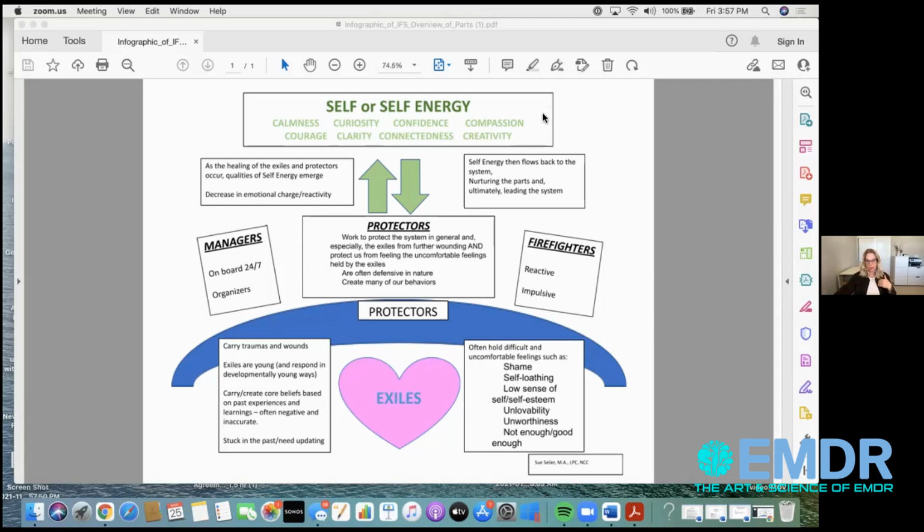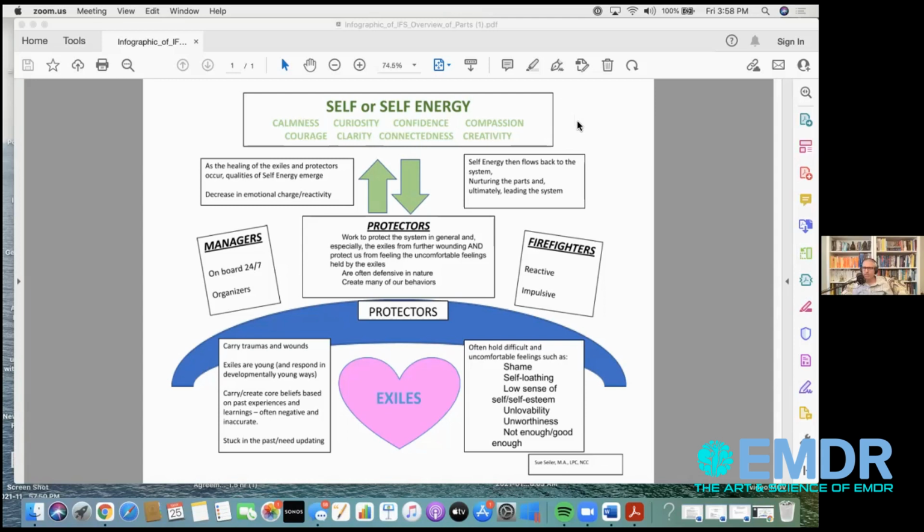And what my internal process is, I ask that part would it give me space so that I can continue to be in relationship with the system of the client and the client, of course, and help the client to be in relationship with their own system. These parts within me, they step off to my left shoulder, and then they give me space, and then they watch. And that is just my own internal process. But that is part of the work, again, noticing what's happening within me as well as what's happening in the client. Karby, do you want to move into talking about self-energy?